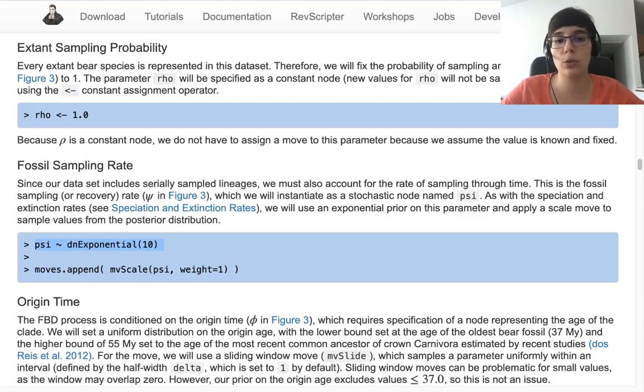And we're going to use the same exponential distribution with a rate of 10 as we used previously. Similarly to the speciation and extinction rates, we also need a move for that parameter, and again we're going to use the same move as we defined before with the same weight.